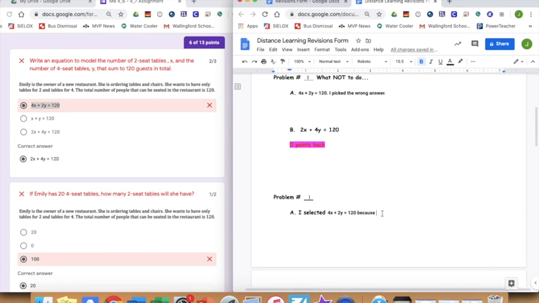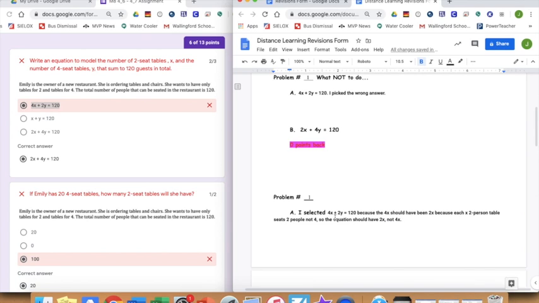So it's wrong because the 4x should have been 2x because each x 2-person table seats 2 people, not 4. So the equation should have 2x, not 4x.